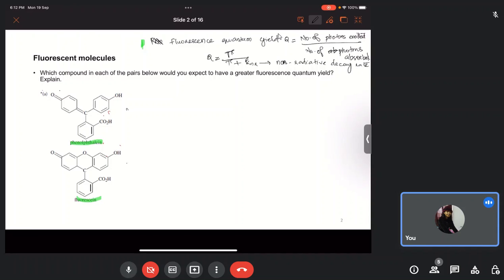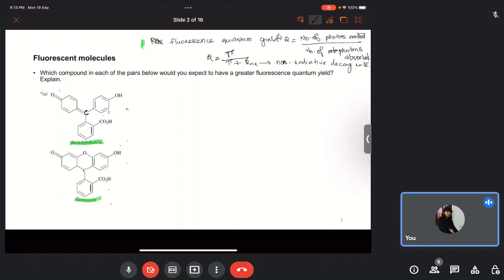Phenolphthalein can have better delocalization compared to fluorescein, but at the same time, if you look at this carbon, it tends to rotate. It is more flexible compared to fluorescein.